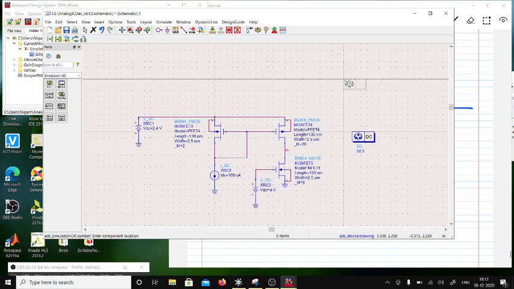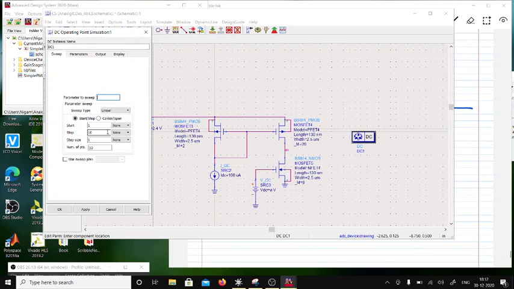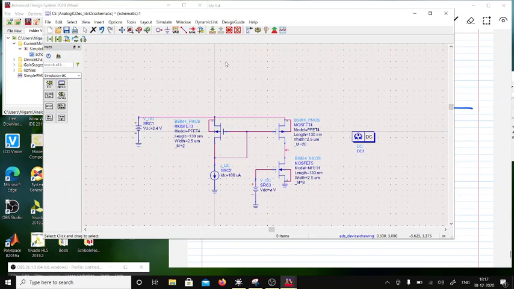So that's the DC analysis, and here I am going to sweep VI from 0 to 2.4 volts, which is the supply, in very small steps of 0.001.